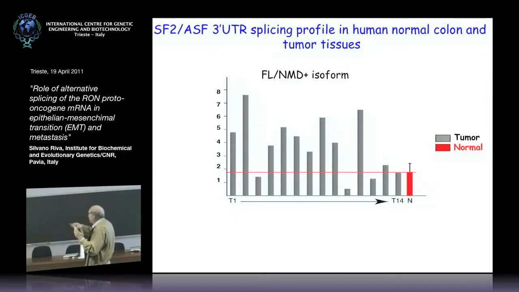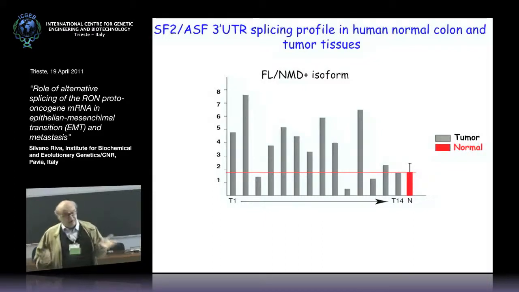SF2, if you look in tumor samples, these are real tumor samples, and you look at the ratio between the full length and the NMD isoform, you see that in most samples, there are 14 samples, you have a very high level of full length, so you have a high expression of SF2.